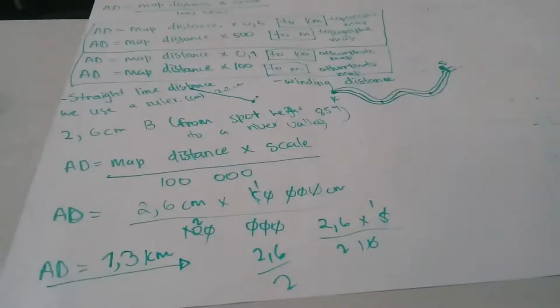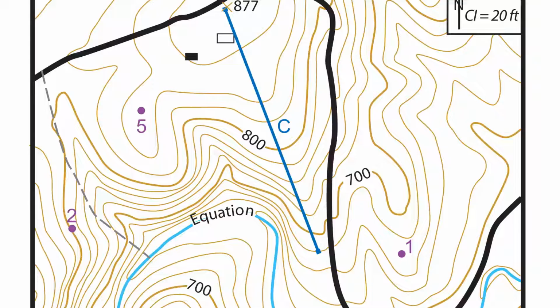Okay, so now let's quickly calculate the distance at line C. At line C, the blue line, from spot height 877 to a contour line. I've used my ruler and measured. I came out with 5.6 centimeters. Okay, let's write it down.